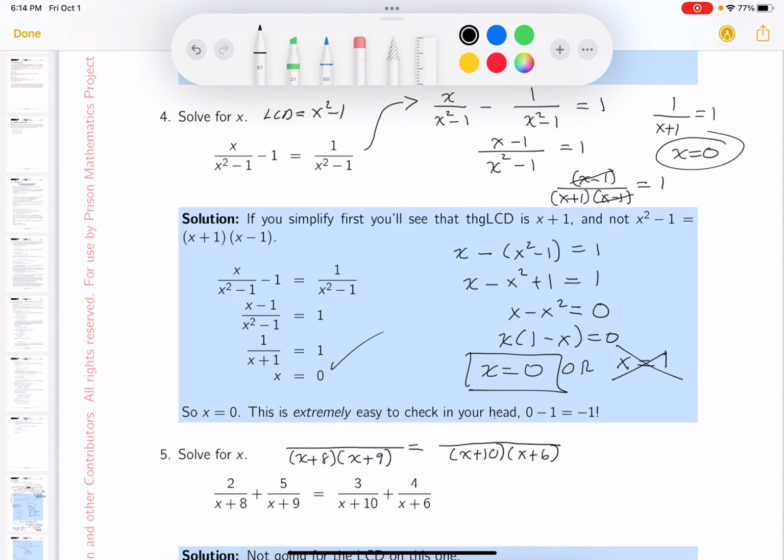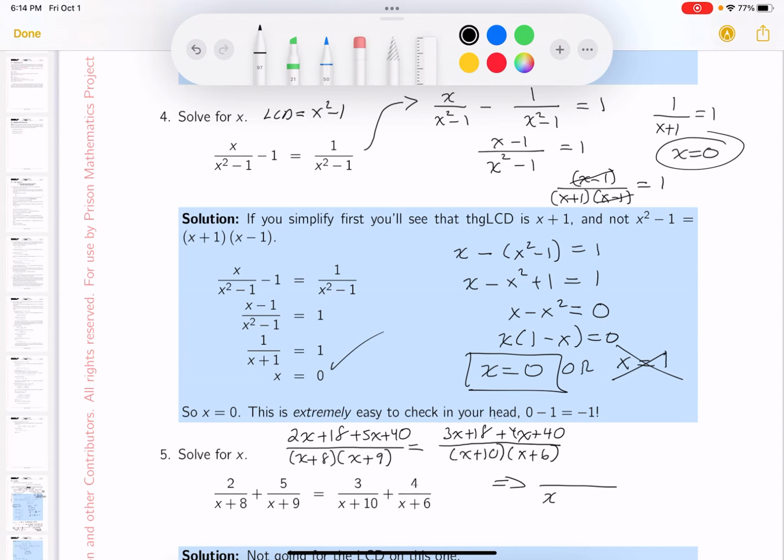Now, what do I get over here? I would get 2 times (x plus 9), which is 2x plus 18, plus 5x plus 40. We'll simplify that later. What do you get on the other side? Well, you get 3x plus 18 plus 4x plus 40. Let me keep writing it down again and again for you.